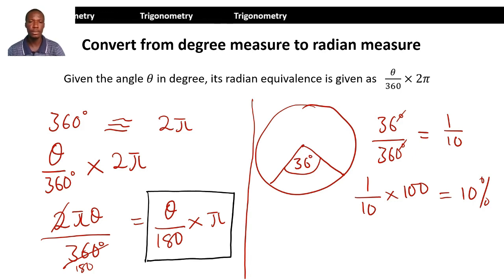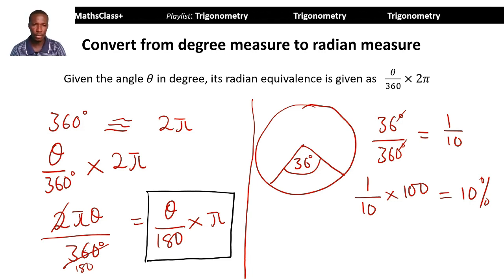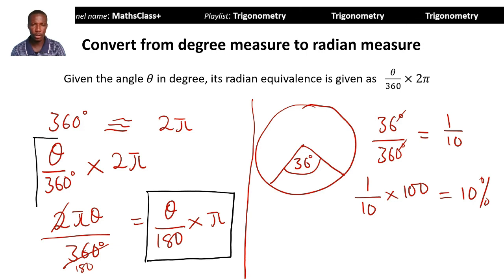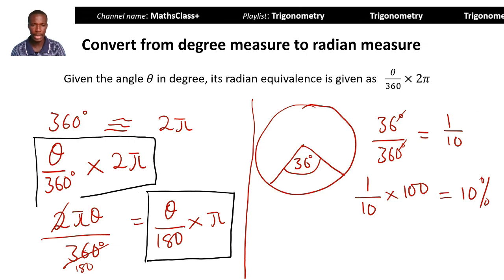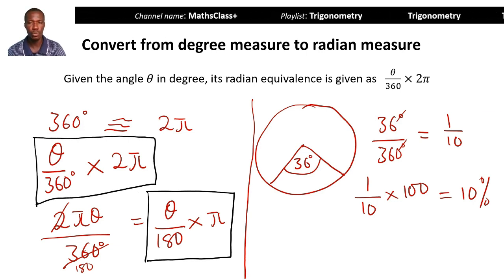So for you to convert from degree to radian, this is how it should be: the angle you want to convert divided by 180 degrees times pi. Or if you want to take the original, the angle you want to convert divided by 360 times 2 pi. This is how we convert from degree to radian.